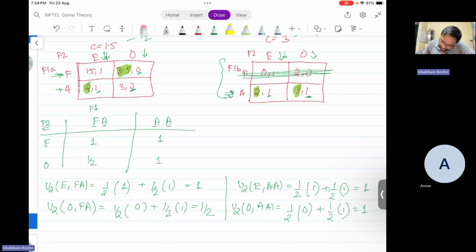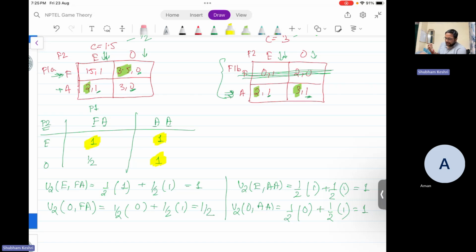You see, when player 1 is playing FA, his dominant strategy is to enter. Is this clear? And when player 1 is AA, his best response can either be enter or accommodate.